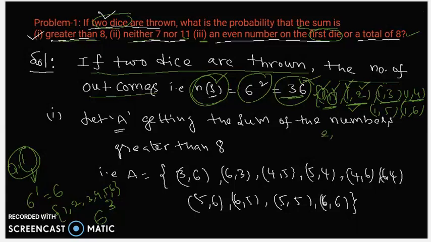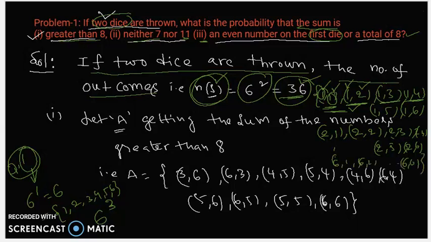So like this, we are also going to write the remaining outcomes. With 1, we write all outcomes up to 6. With 2 as the first element of the ordered pair: (2,1), (2,2), (2,3), (2,4), (2,5), and (2,6), and so on. (6,1), (6,2), and so on. (6,6).